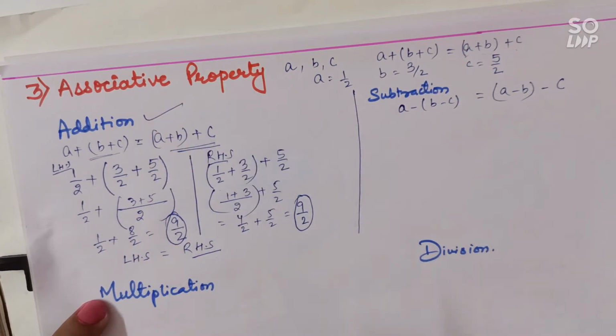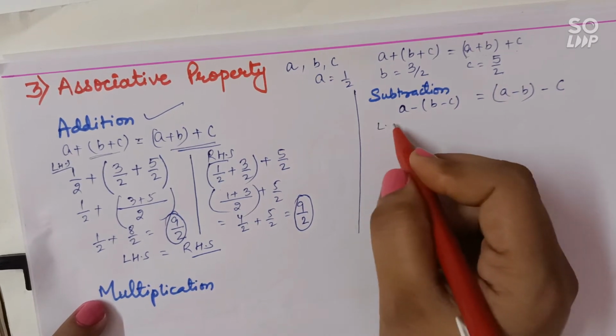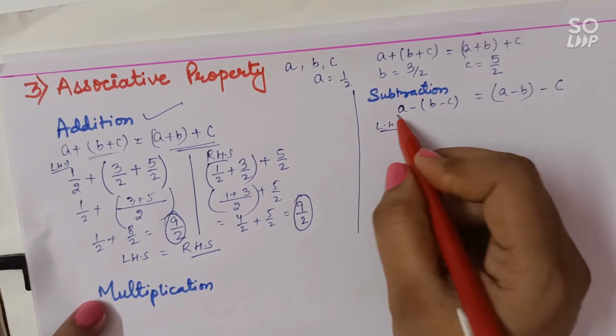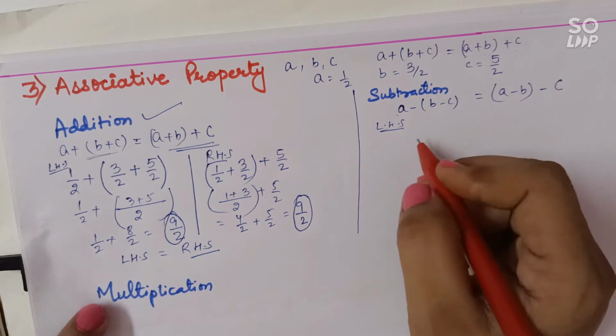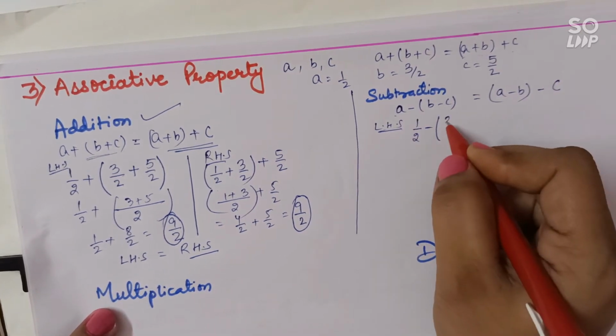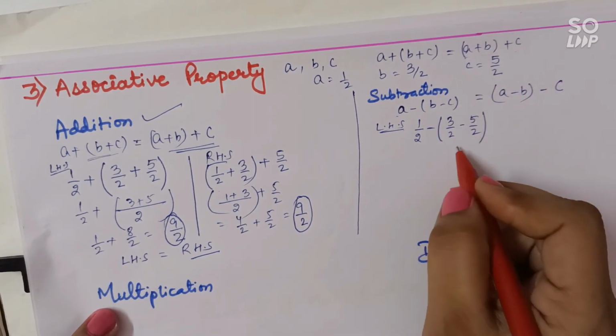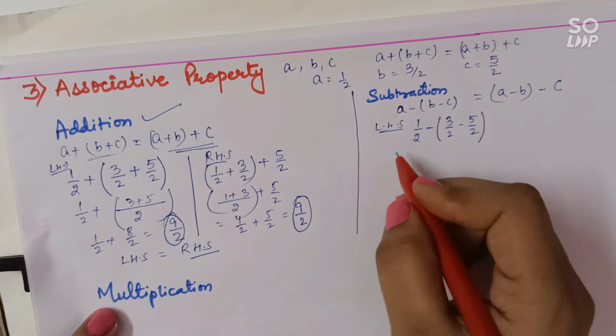So let's check for the LHS part. LHS is A minus in bracket B minus C. So A is 1 by 2 minus B is 3 by 2 minus 5 by 2. We'll solve the bracket first.